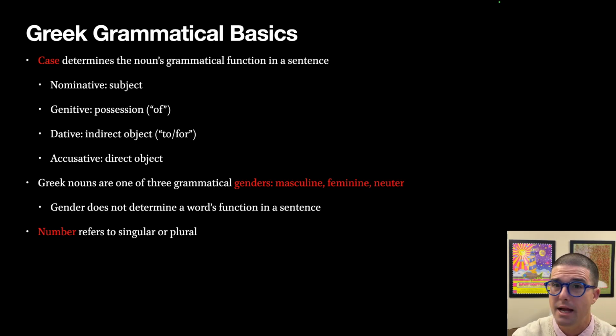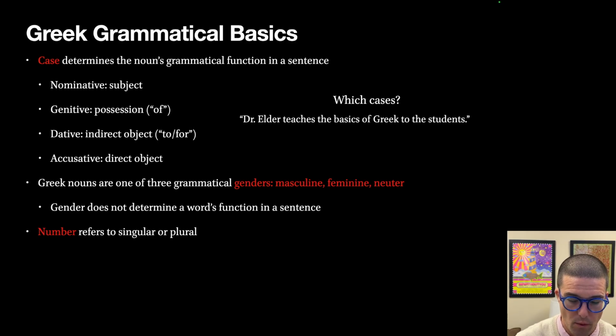But gender does not determine a word's function in the sentence. Gender has nothing to do with whether the noun is the subject, the object, the indirect object, or is describing something. And then lastly, number refers to whether it is one entity or multiple entities that are involved in the noun. So plural, of course, being multiple, and singular, of course, being one.